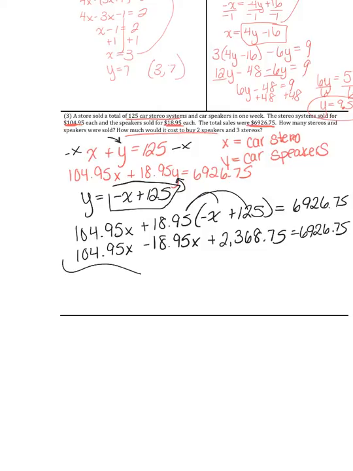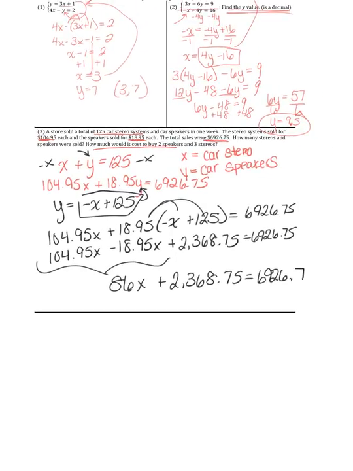Let's combine these like terms. So 104.95 minus 18.95 is going to give me a nice number of 86. I'll bring everything else down. It's equal to 6,926.75. We'll subtract this over. This cancels. Subtract it over here as well.